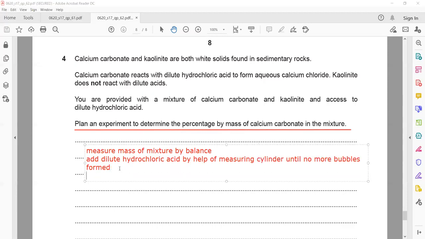Then we will filter, because the kaolinite will not react, so it will remain as a solid. So filter to remove kaolinite from the mixture.